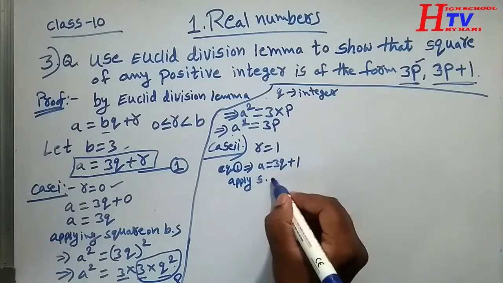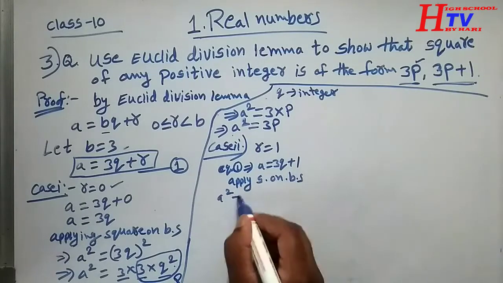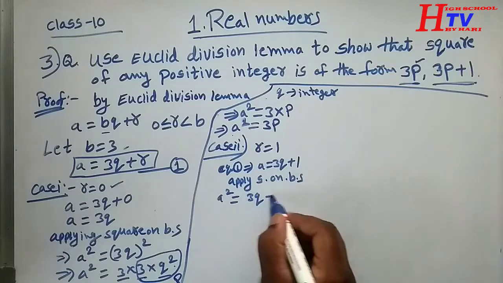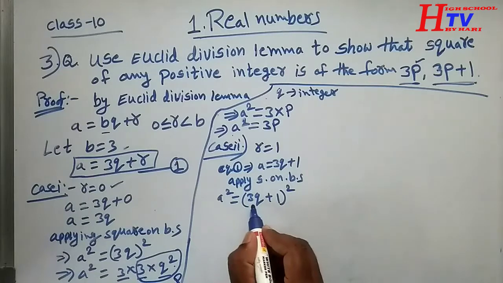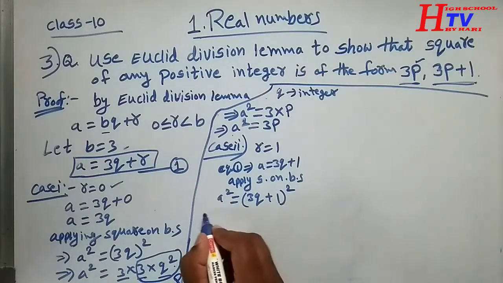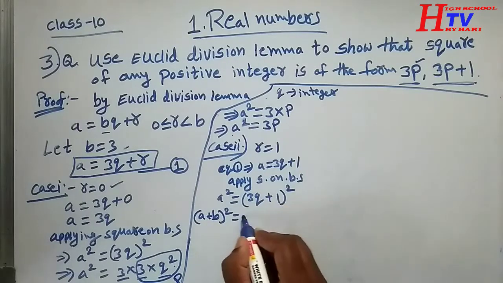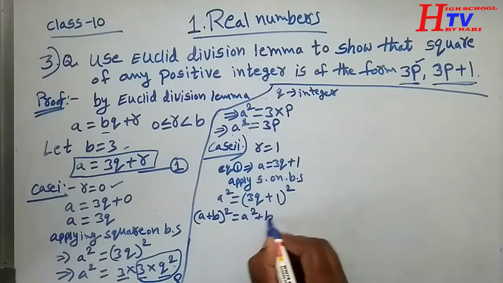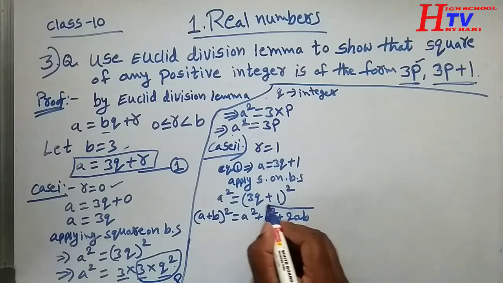Applying square on both sides, a square equals 3q plus 1 whole square. Here 3q plus 1 whole square is in the form of a plus b whole square, which is a square plus b square plus 2ab.